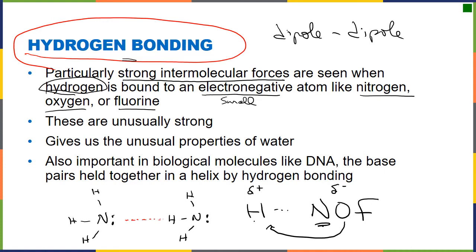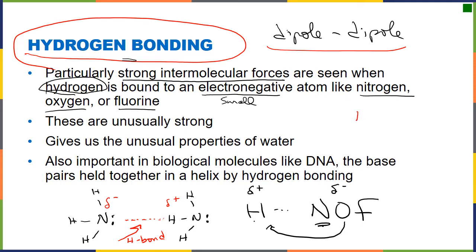Now I know you're going to say that's just the same as we had before, where this is partial negative and this is partial positive, and this is pretty much a dipole-dipole interaction. And I agree with you, it is, except this is a specific case. And this is our hydrogen bond. It's a little stronger, actually it's a fair bit stronger than straight dipole-dipole interactions, and it occurs for two reasons.